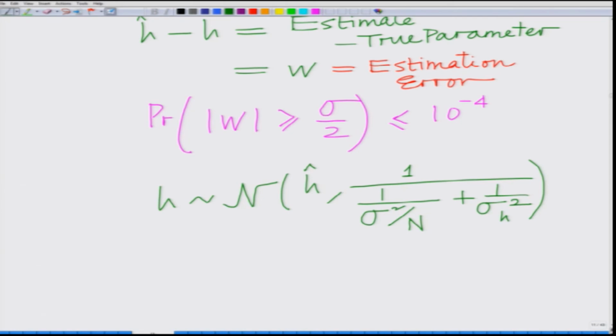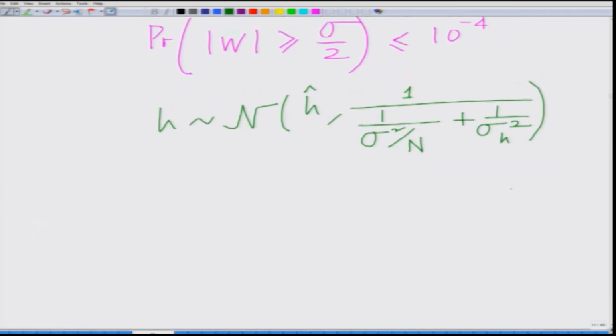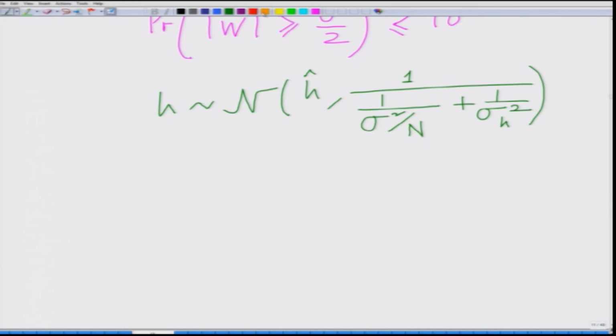We have already seen this for the wireless sensor network. So now let us denote this quantity by sigma tilde square, that is sigma tilde square equals 1 over sigma square by n plus 1 over sigma h square.